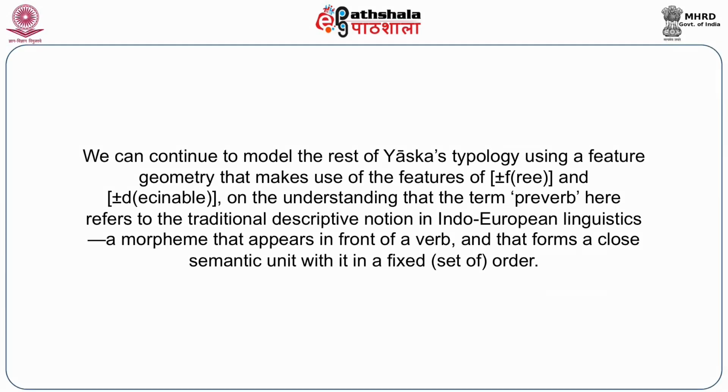To get all the four categories, we could also have a feature geometry which uses a distinction between plus minus free and plus minus declinable, where we consider that preverbs or prefixes, that is morphemes that appear in front of the verb, form a closed semantic unit in a fixed order.